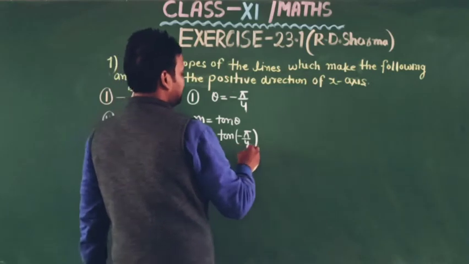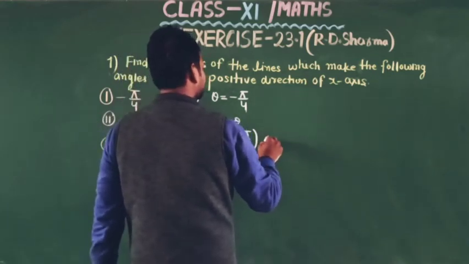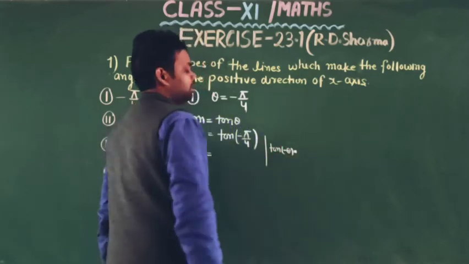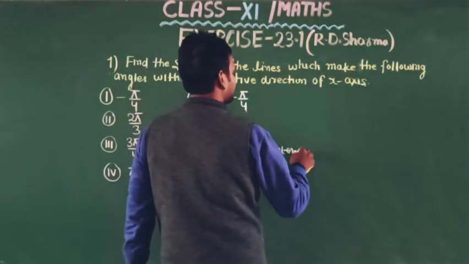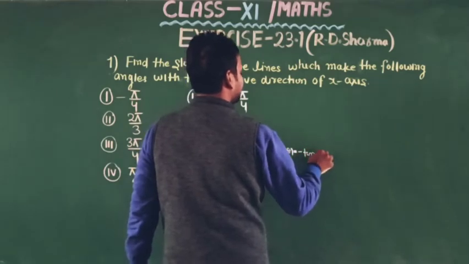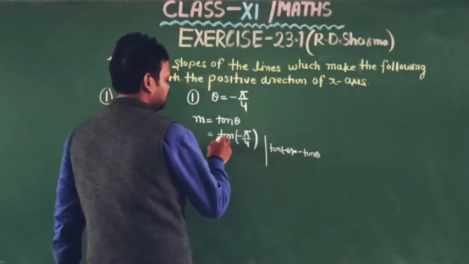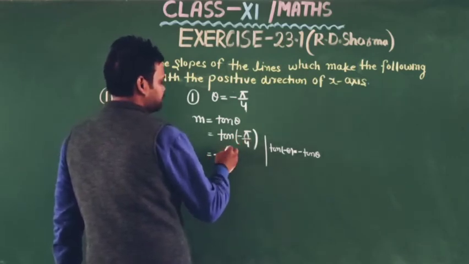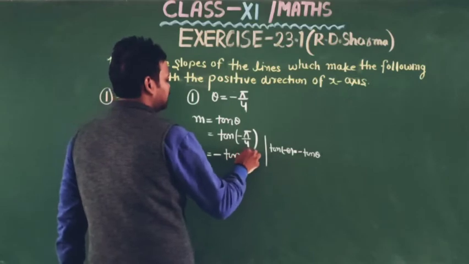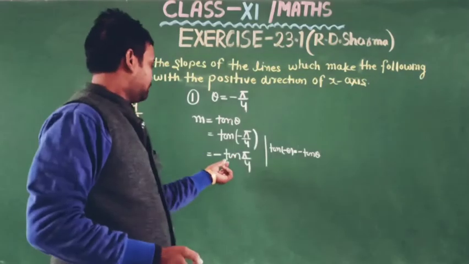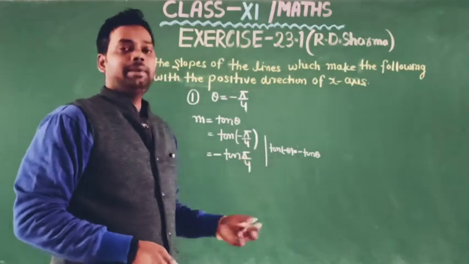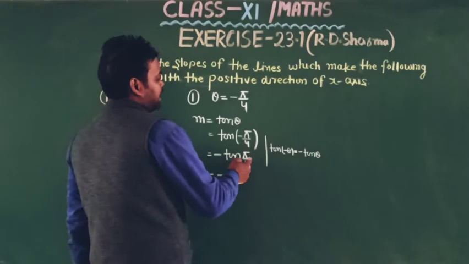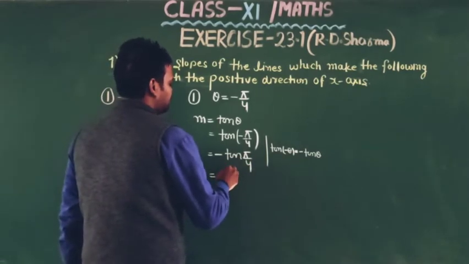We know tan of minus theta gives minus tan theta. So the value of tan of minus pi by 4 is minus tan pi by 4. Pi by 4 is 45 degrees, and the value of tan 45 degrees is 1.